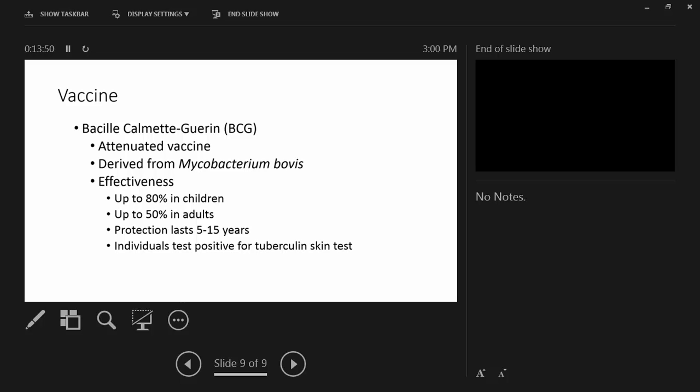Primarily because, remember, once you're vaccinated, you test positive for the tuberculin skin test, so it complicates figuring out if a patient has TB or doesn't. So in this country, it's not part of the normal repertoire of childhood vaccinations, but in other countries, it is used more often, but it's just not 100% effective.